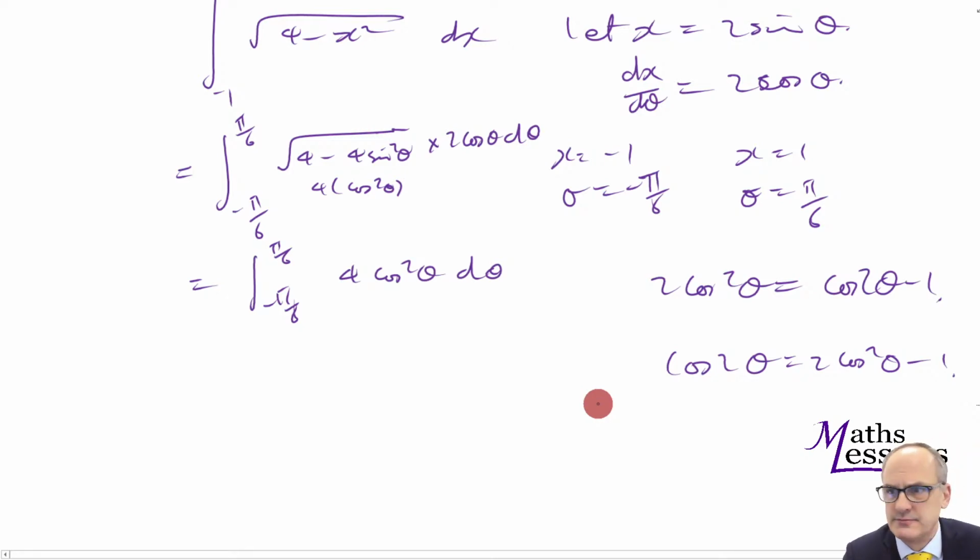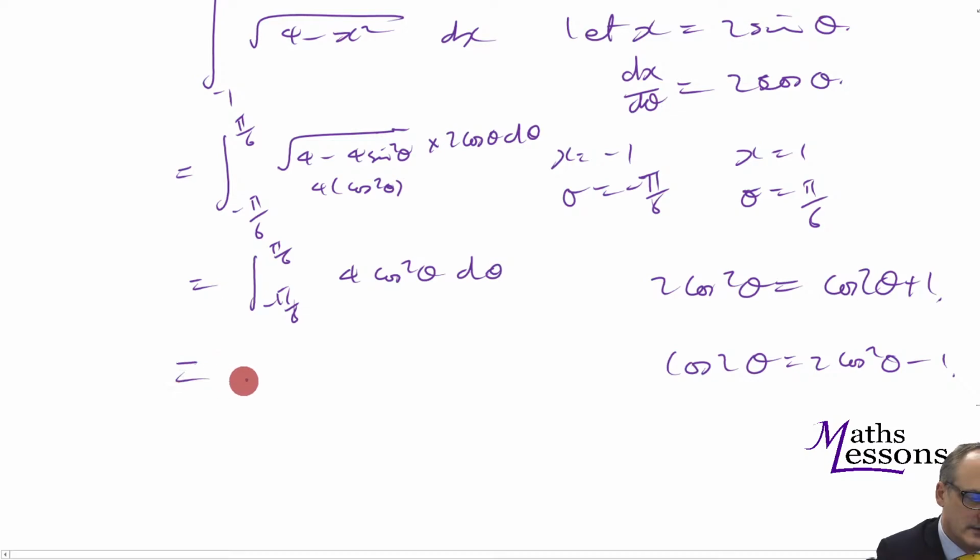And I just realised I made a slight error there. Plus 1 there. So I'm going to integrate from minus pi by 6 to pi by 6. I'm going to change this to, well, 2 cos squared equals that, then this will just equal double of this. So that's 2 cos 2 theta plus 2 d theta.